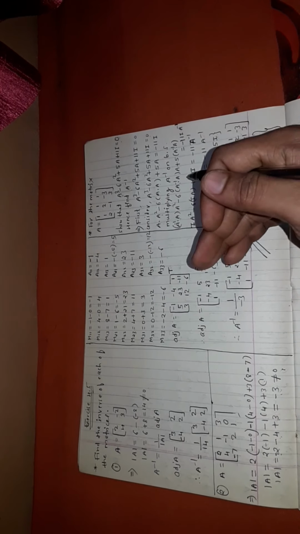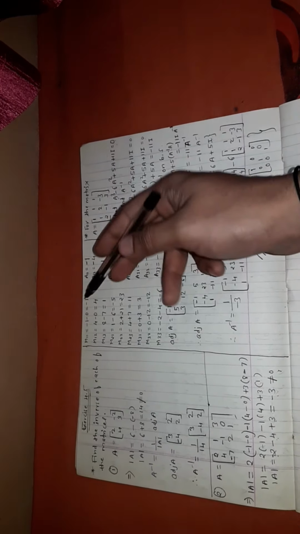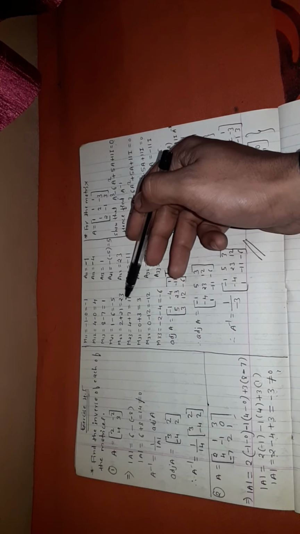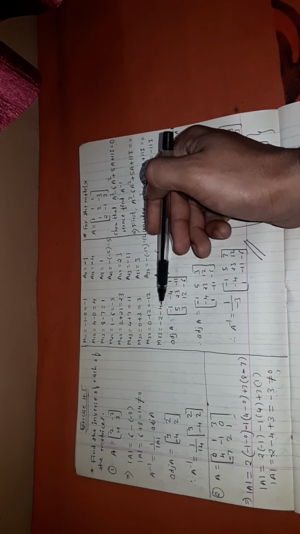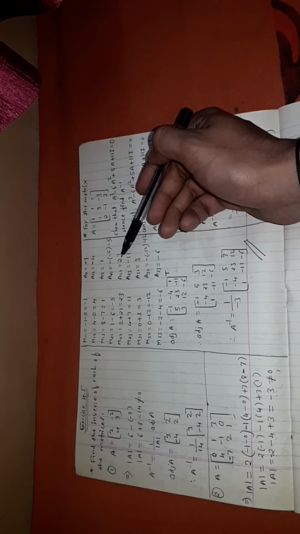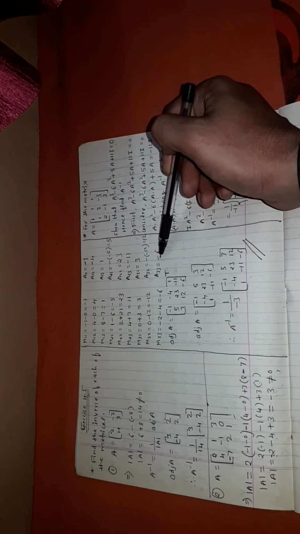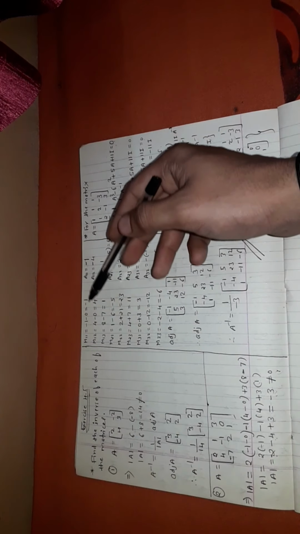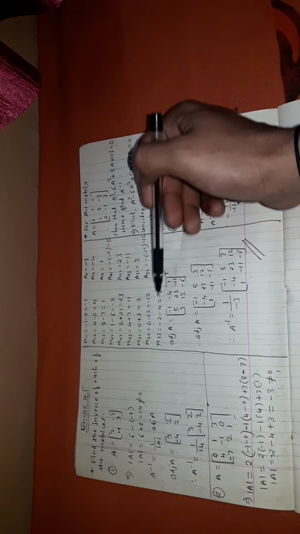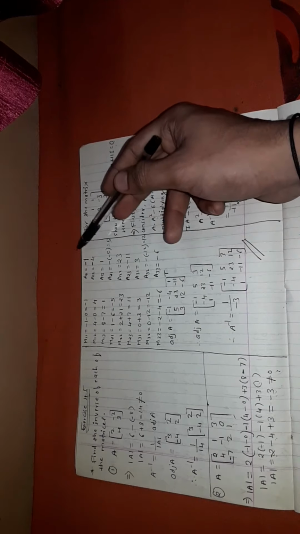Now we have to find the adjoint of A. But to find adjoint of A we want cofactors, and to find cofactors we want minors. Here I have already found the minors and cofactors. In the last video you saw how to find the minors and cofactors. You just go through it and verify yourself.